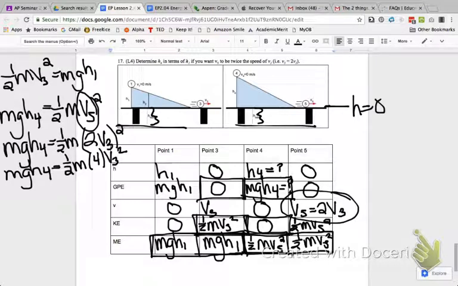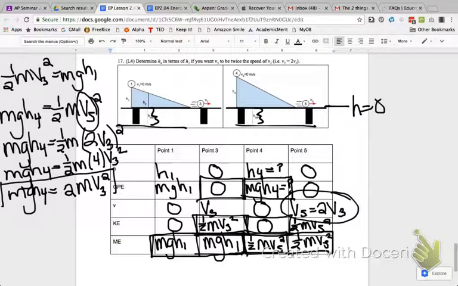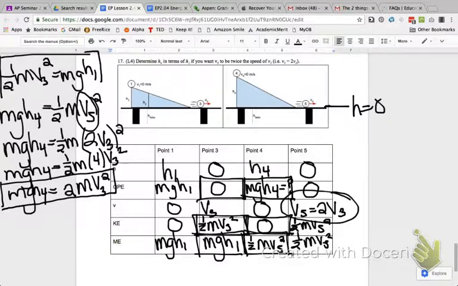And then I'm multiplying this half and this 4. So now I have these two equations, but I need H4 here in terms of H1.